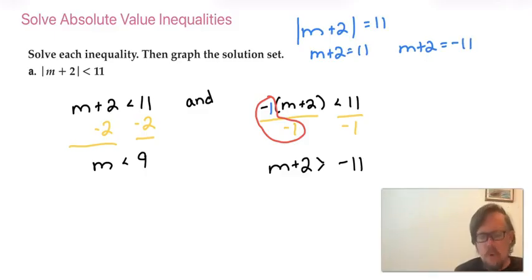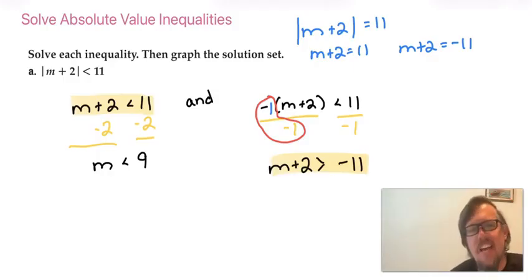With this inequality, the two that we actually get are m plus 2 is less than 11 and m plus 2 is greater than -11. So we don't just do positive and -11, we do less than positive 11 and greater than -11. When we change the sign to be a negative to get our negative answer, we also flip the inequality symbol. Okay, so just keep that in mind when you're solving these.